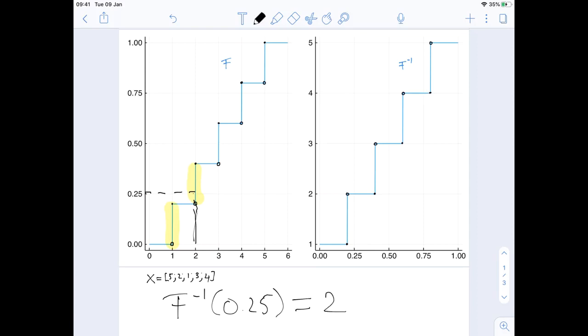So the quantile function evaluated at the point 0.25 is 2. Note that the ECDF is a right continuous function. So if we look at the graph on the right, we have a look at the quantile function. At the point 0.25, the value of the function is 2.